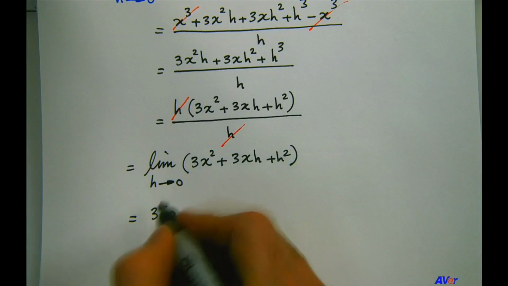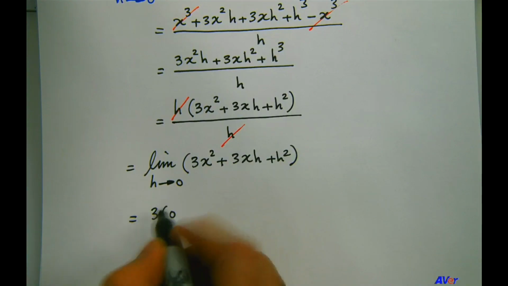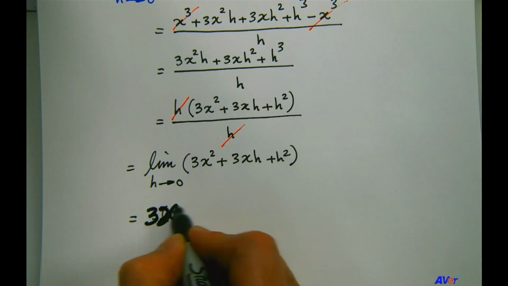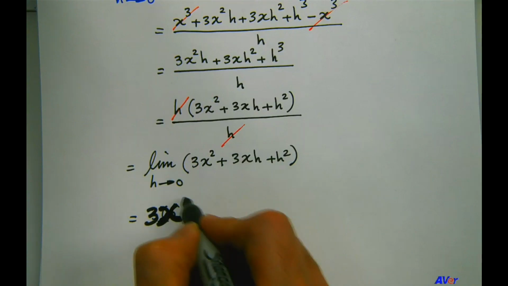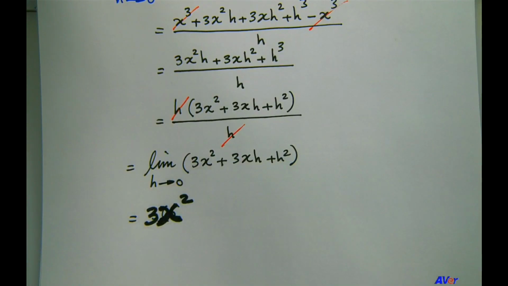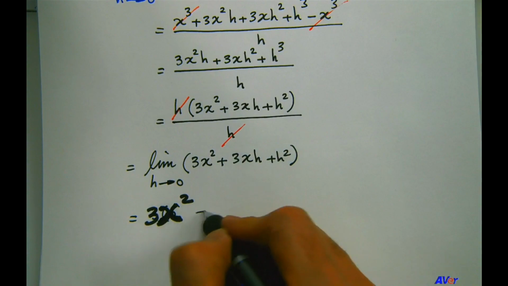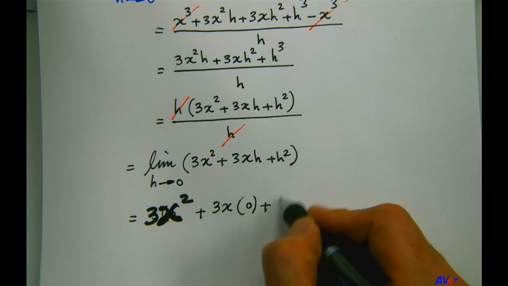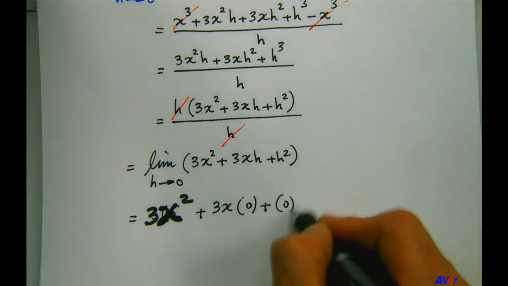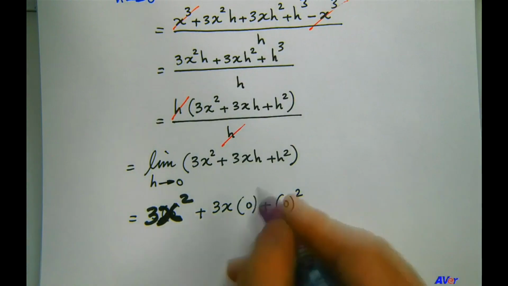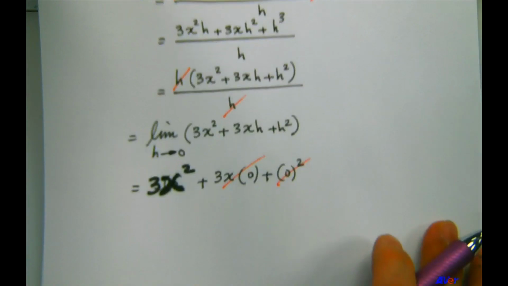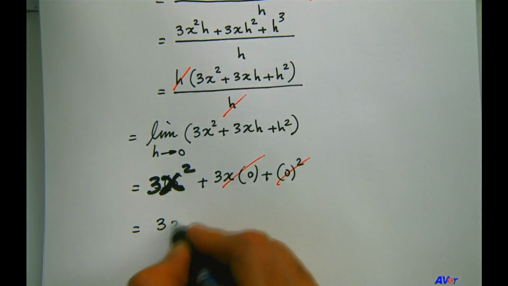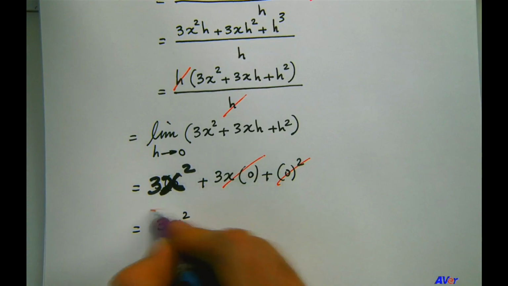This one will simply be 3x squared. It'll stay as that. There's no h here, and then we end up with plus 3x times 0 plus 0 squared. Of course, these two terms drop out, and we end up with just 3x squared.